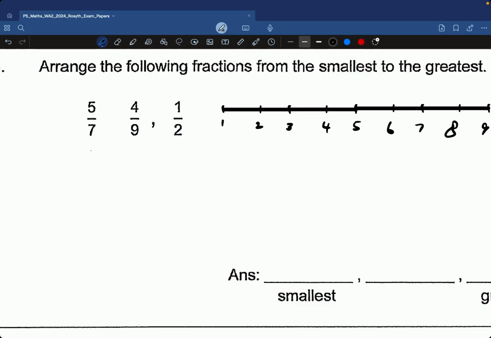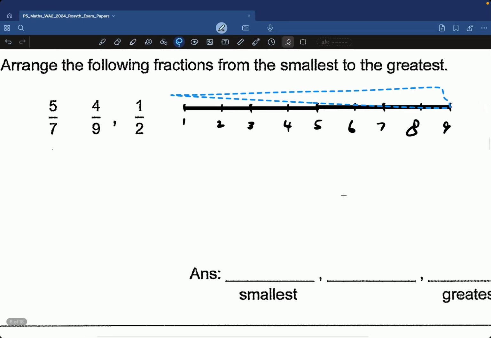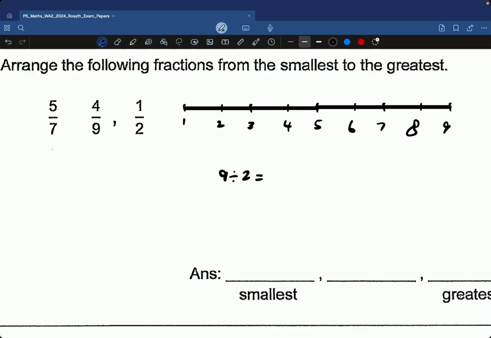So in this case, it's a bit hard for me to grab everything. I'm just gonna move it here. So what is half of 9? If you were to say 9 divided by 2, if you were to do the calculation, is 4.5. So this is half of 9, which is 4.5. That means it is roughly here. So we have half over here.